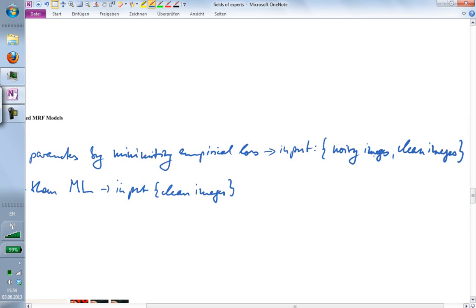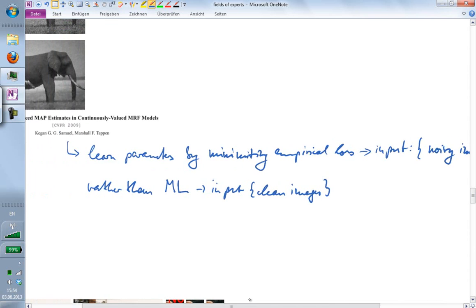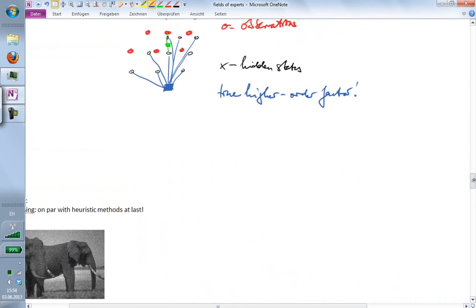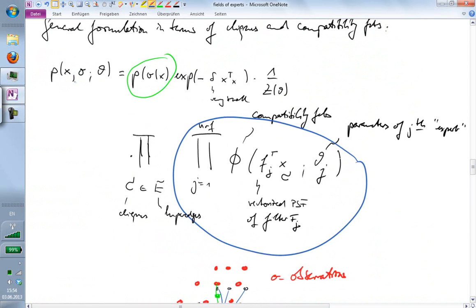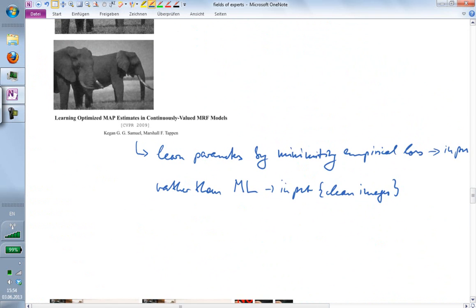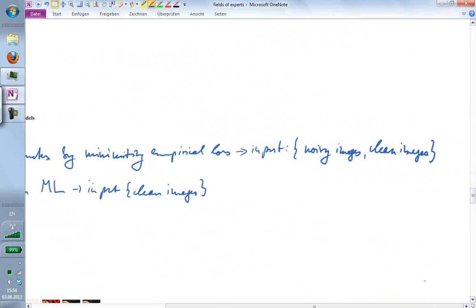And if you then plug the noisy image into a field of experts, and you find the best set of hidden states according to your current parameterization, you obtain an estimate, let's call it X star. You can then compute the loss between the X star for the current parameterization theta at time step t and the ground truth.